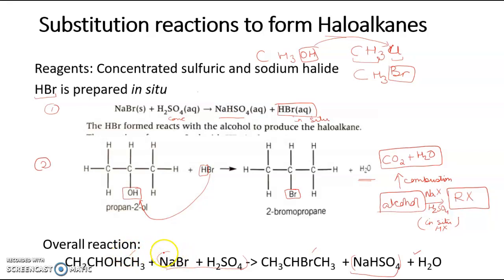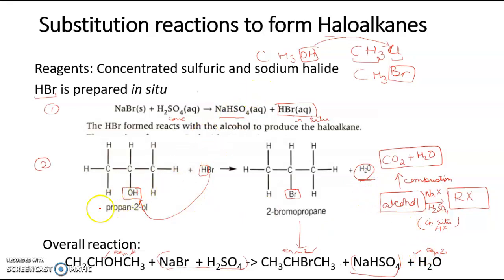Now you can see the ones that we've not looked into, the circled ones coming from equation 1. The rest of those come from equation 2. This is coming from equation 2, that's the alcohol. Then you've got 2-bromopropane coming from equation 2. And you've also got water, which is coming from equation 2.